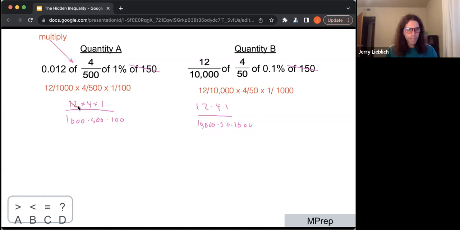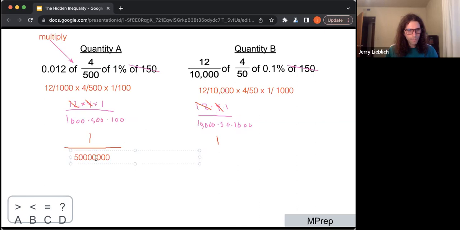And maybe from that, I can just say, all right, I don't need to care about these 12s and 4s, right? Really what I'm doing is dividing both sides by 12 and by 4. And then here, maybe I realize, I've got 1 in my numerator for both of these. In my denominator, I'm just going to have 5 times this number of zeros. So 5 and then 1, 2, 3, 4, 5, 6, 7.